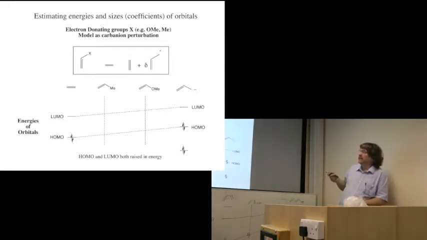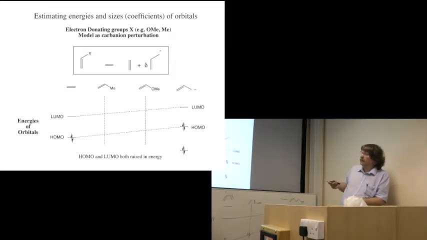So here is a case, actually it's not one you've seen, but we're dealing with an O-methoxy, an electron donating group as our perturbation. Now, you saw that with the diene because I wanted to show you the Diels-Alder reaction, but it could also be for the alkene component. Remember, we talked about ethyl vinyl ether quite a lot when we were talking about energies. So again, the perturbation is ethylene plus delta bit with a carbanion on it.